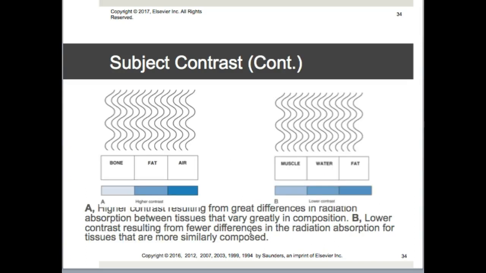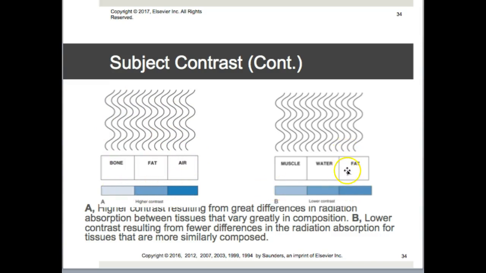Subject contrast: higher contrast results from great differences in radiation absorption between tissues of varying composition. As you can see here, we have air, which is going to be the most dense, and bone is going to be the most white.